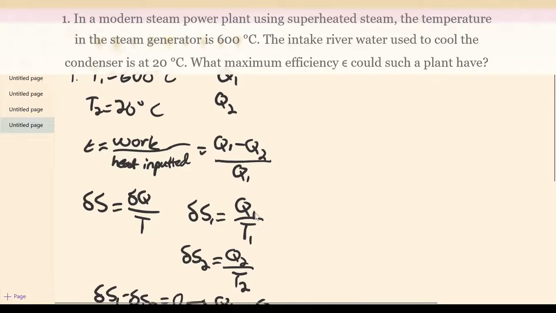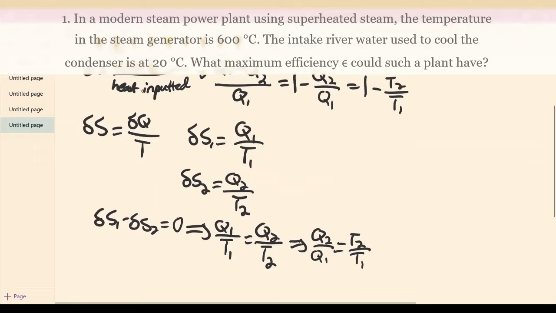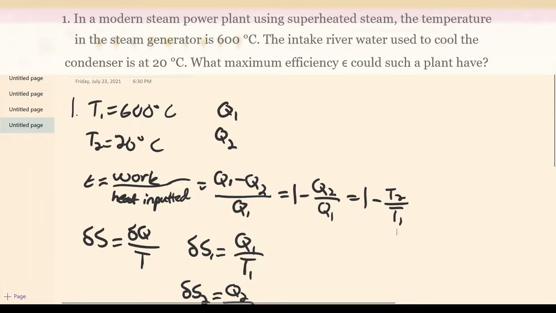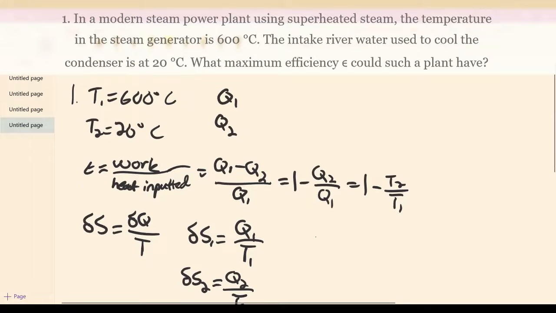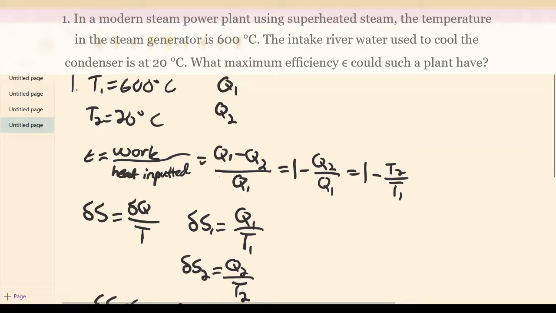So then we go back to the formula for the efficiency from earlier. This is equal to 1 minus Q2 over Q1, and we can see that this is equal to 1 minus T2 over T1. So now we can just plug in our numbers to find the efficiency. T2 is equal to 20 Celsius, but of course we have to convert that to SI units, which is Kelvin.